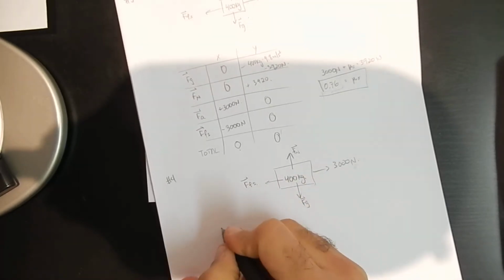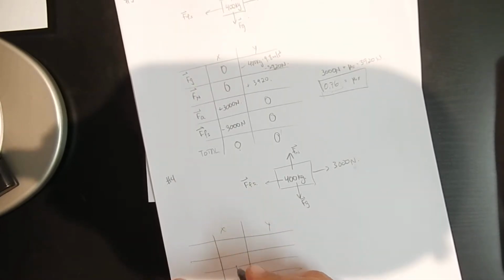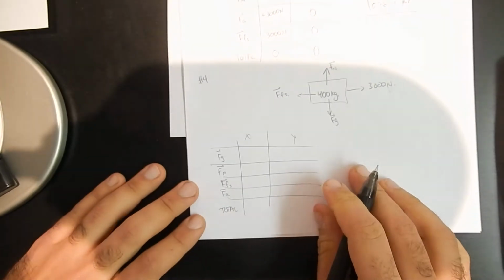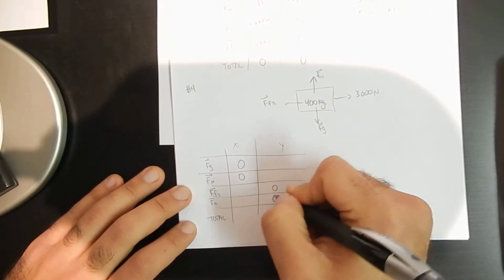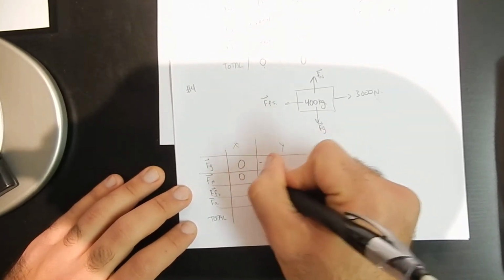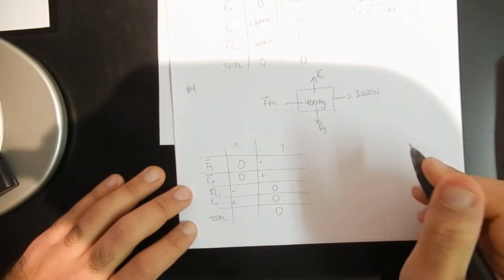So let's do the X and Y. I have the force of gravity, the force of the normal, the force of friction, and the force applied, and my total force. Alright? Let me just fill in my signs. Negative, positive, positive. Alright, so we're good to go.